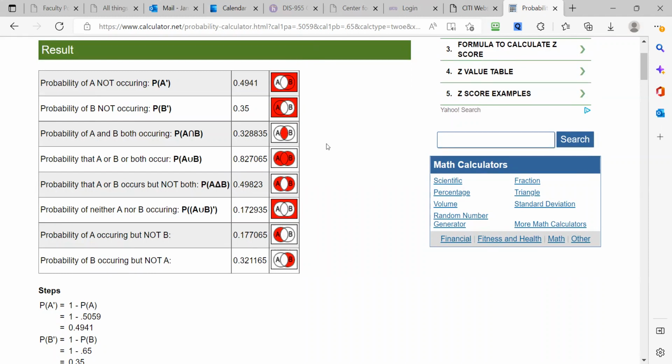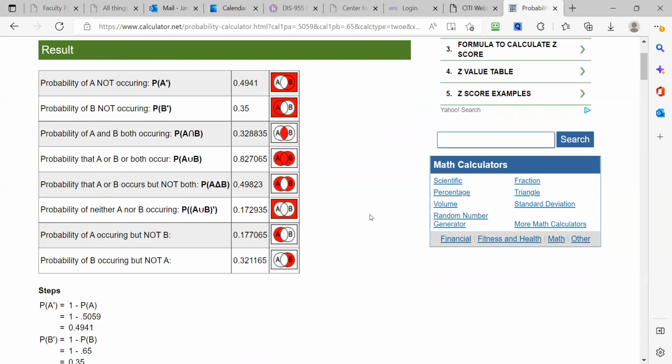And if you're not sure, here's the chart with the circles on the side. Okay. So some of you did the probability of A and B both occurring. Some of you had done the probability in your homework that A or B occurs. I'll accept if you calculated it by hand and did the additive law.